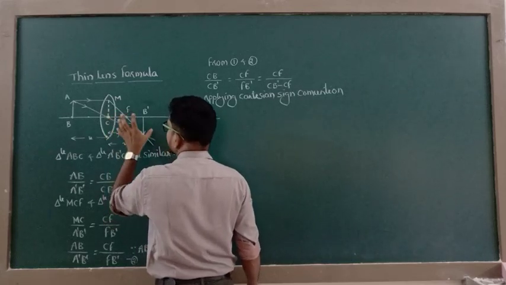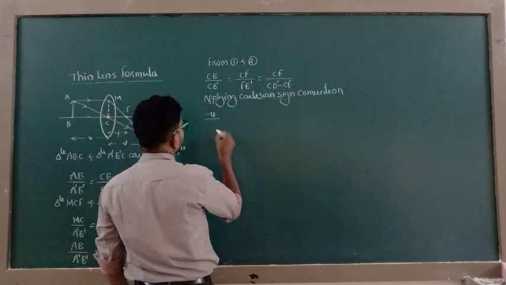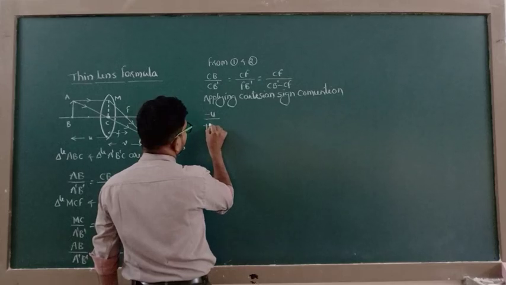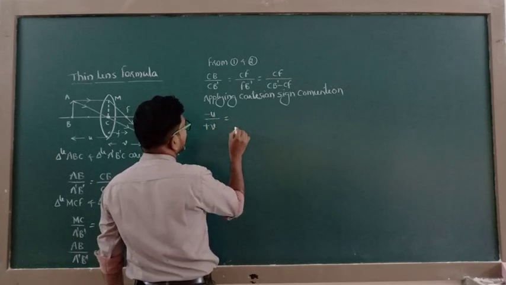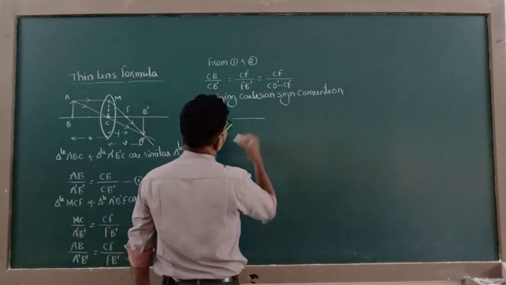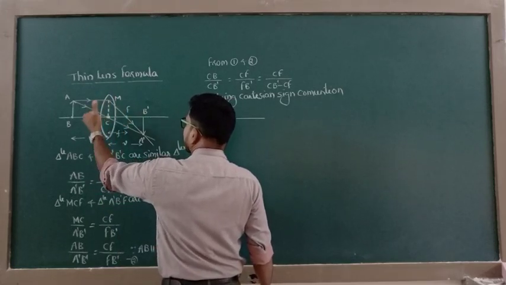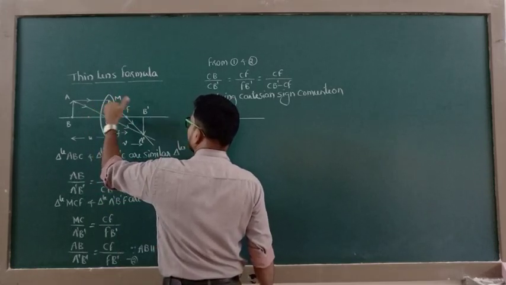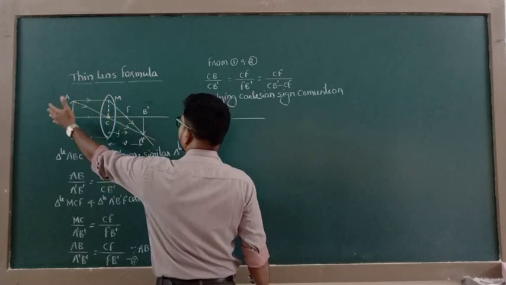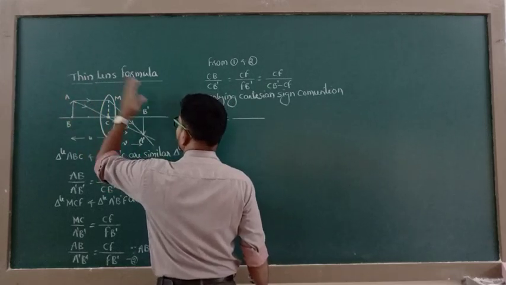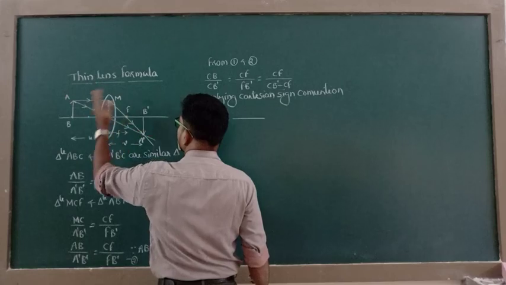Therefore, this distance is positive, that is plus V. CF, direction of this measurement left to right, direction of incident light beam left to right, both in the same direction.